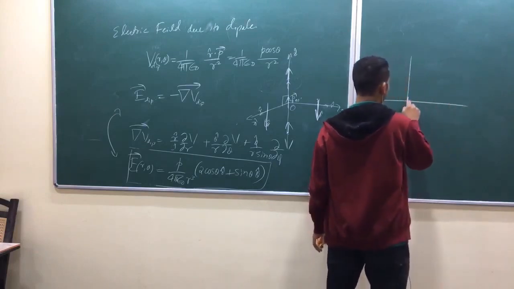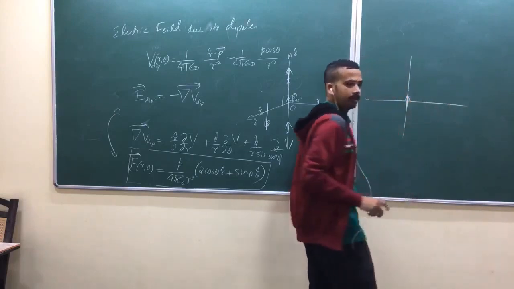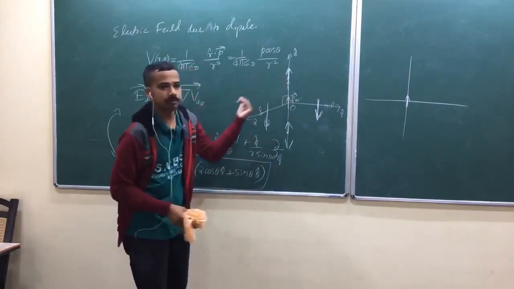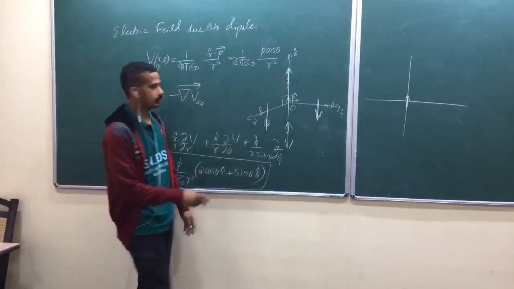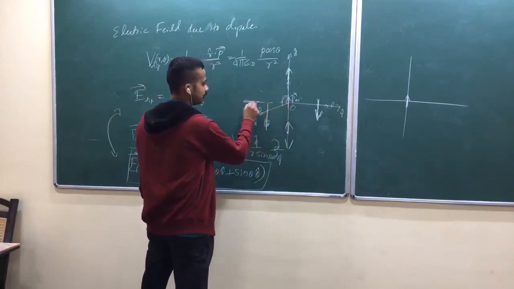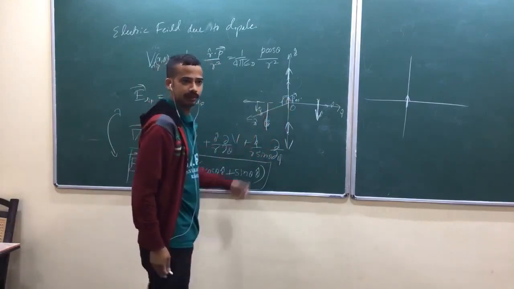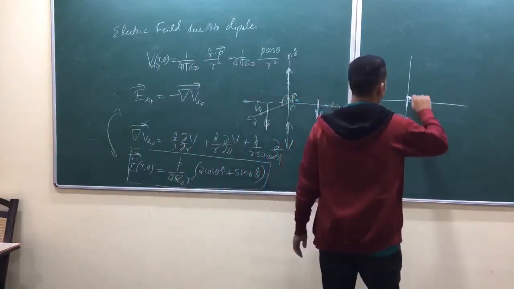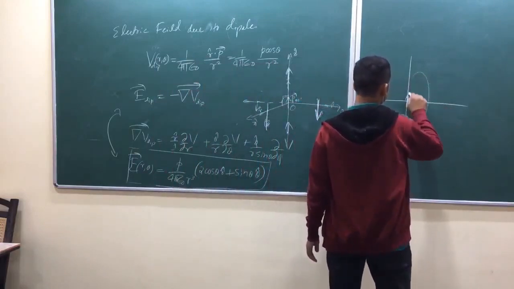Okay, I have my dipole here. Let me take a yz plane, suppose. Isn't it? If you are on negative y-axis, the same thing will happen. Remember, it is along theta cap direction. Okay, just check it out. Your electric field will be like this.